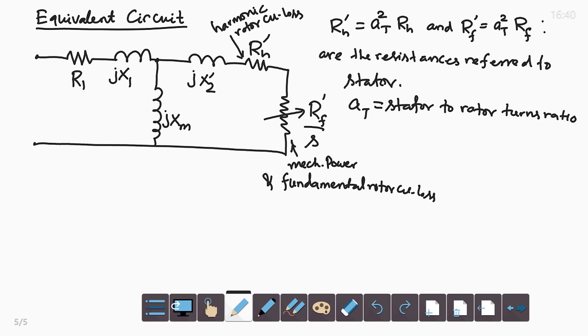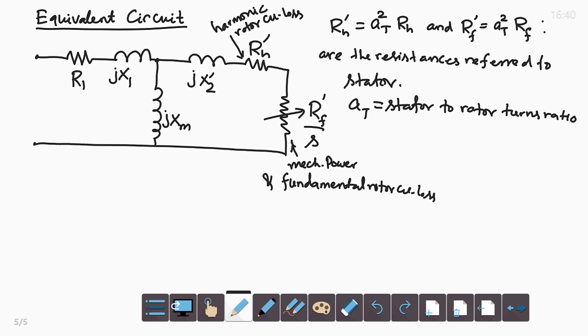Here only the fundamental component of the rotor current contributes to rotor torque and power. So, only the fundamental rotor current is the useful current and total rotor current is more than the fundamental rotor current. So, the motor draws more current, but the fundamental component, which is a part of that, is only useful for producing torque and power. So, motor derating is more.